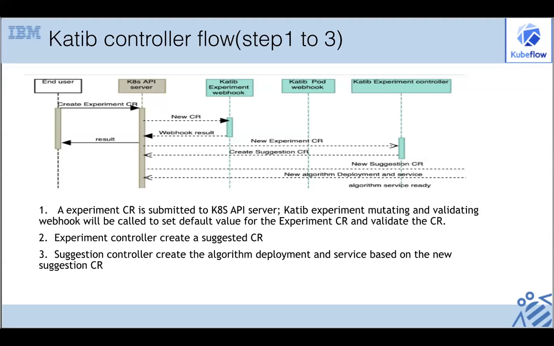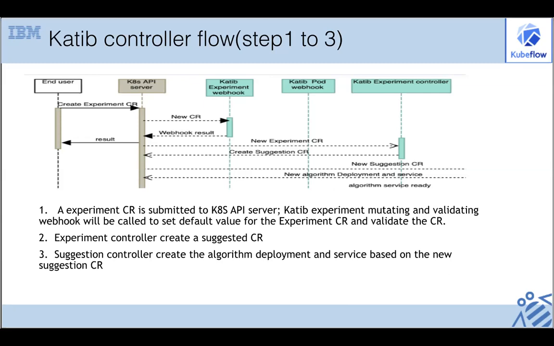Now you see what's happening after you deploy the experiment from the external user perspective. And here is what's happening internally for KDIP hyperparameter tuning. After the experiment CR is created, the KDIP controller will work together with the experiment, trial, and suggestion controllers to achieve the hyperparameter tuning for user machine learning models. This diagram shows what the KDIP system will do after you submit your experiment for hyperparameter tuning.